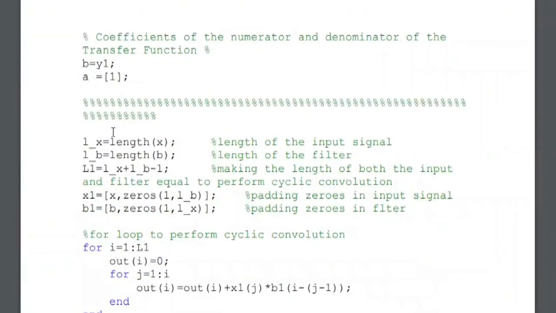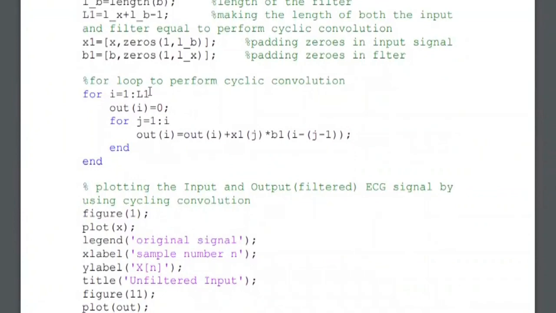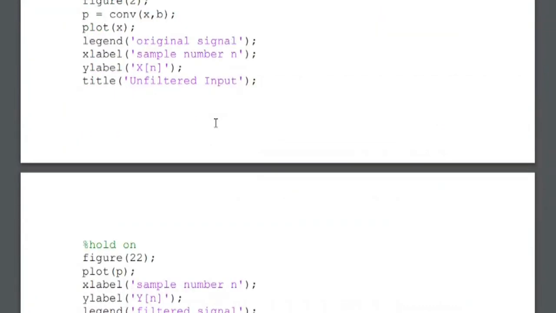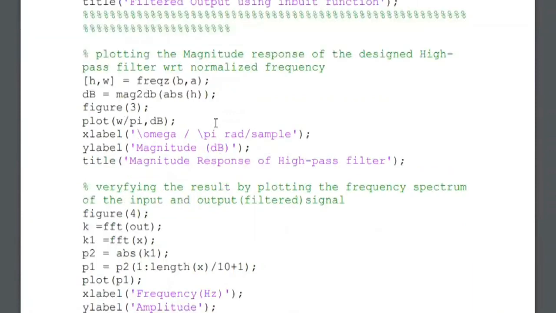Here we have used the circular convolution. We are finding the length of the input signal and of the filter. Here we are padding the zeros to make the number of elements equal. And now we are performing the summation by running a for loop. Here we are plotting the graphs only, nothing else.